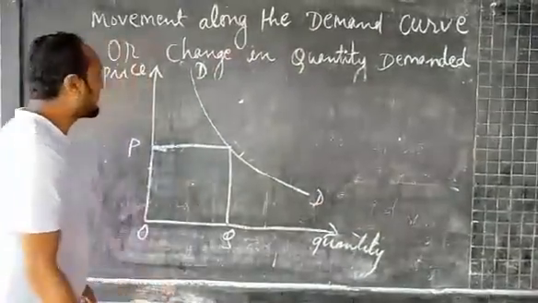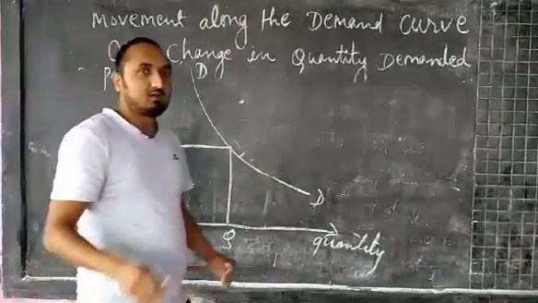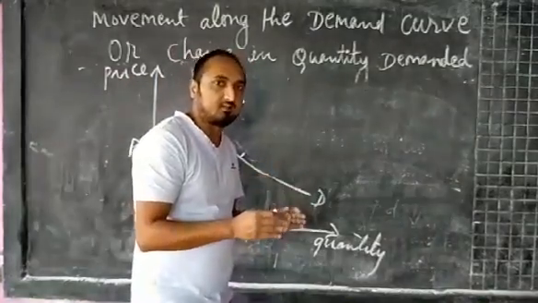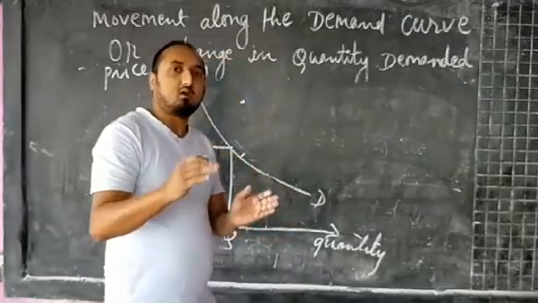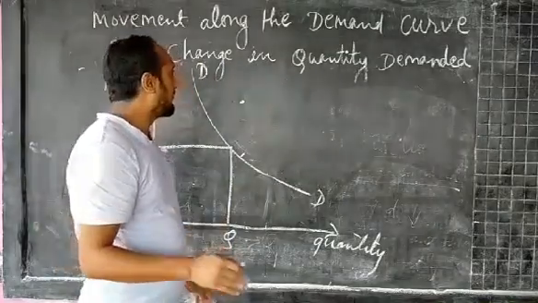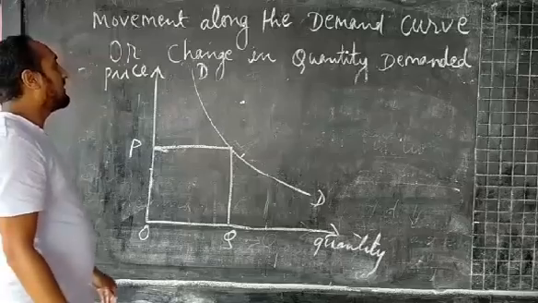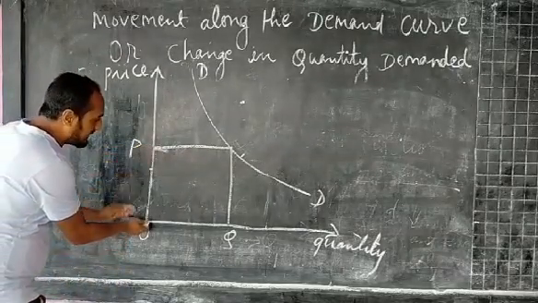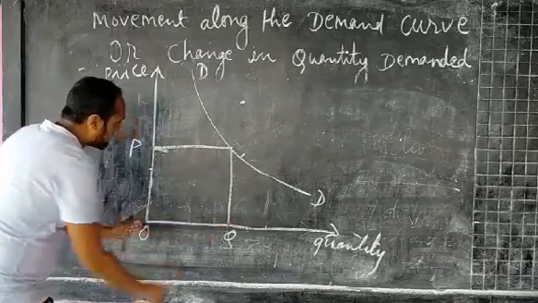Okay, now next we have contraction of demand. When the price of a commodity increases, the quantity demand will decrease, other things remaining constant. That concept is known as contraction of demand. Now I am going to explain contraction of demand with the help of a diagram. Let's consider OP is the initial price and OQ is the initial quantity.